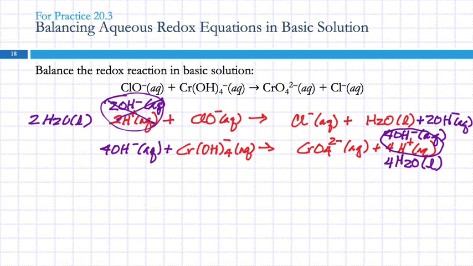Okay, balance for charge. We might be tempted to start canceling things. Don't do that yet. Balance for charge. Make electrons green this time. So over here I've got 0 and -1, and over here I have -1, and 2 OH minuses, so -2, and another is -3 on that side.